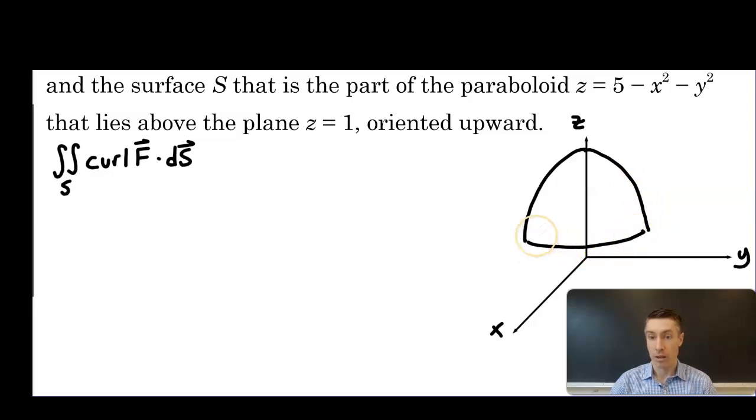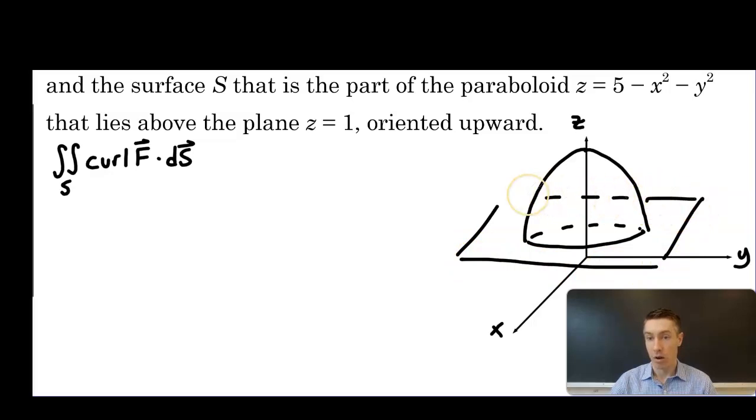I'm not going to go all the way to the xy plane because we're cutting it with the plane z = 1. Right, so we have our paraboloid, we have our plane. So the paraboloid is the surface that we're focused on. The boundary curve is the opening of the paraboloid cut by that plane z = 1.